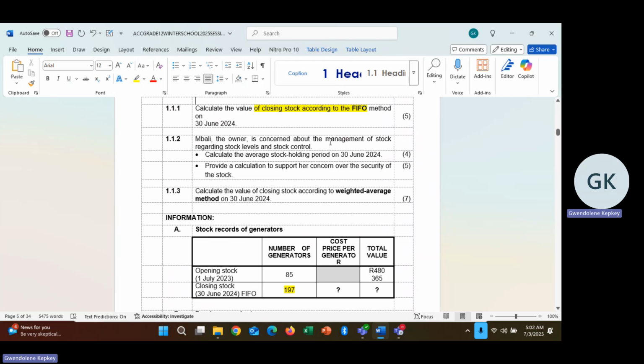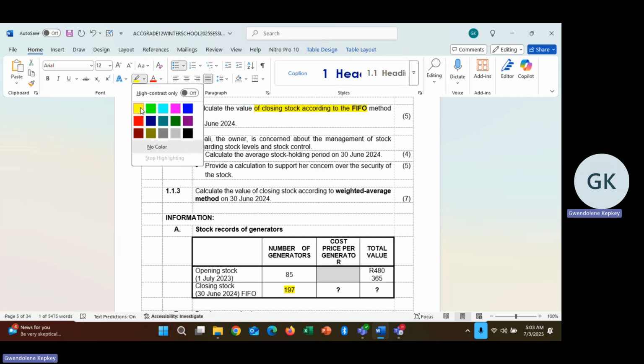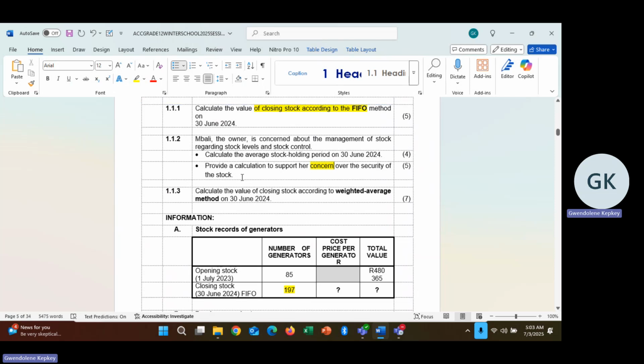They ask us to calculate the average stock holding period, and thereafter we need to do a calculation that actually justifies the level of concern for Mbali.